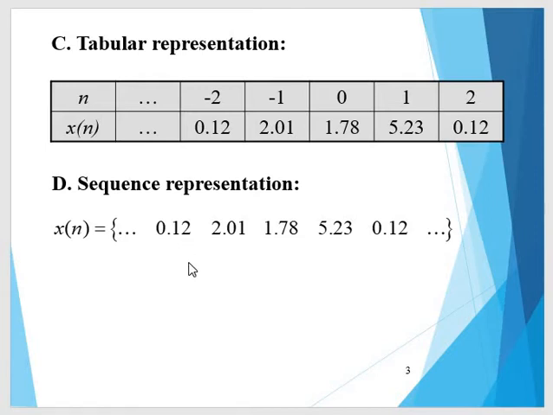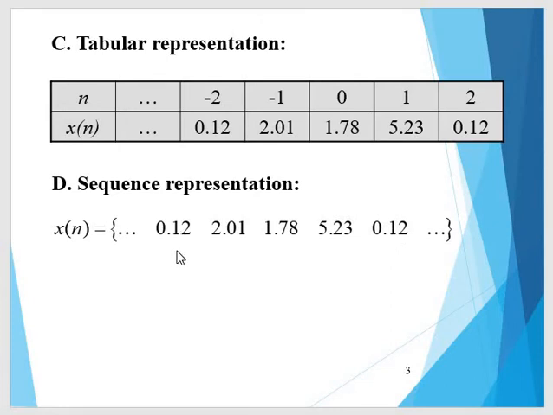Now what is the work of that arrow? What is shown by that arrow? That arrow is nothing but the position of 0. Where n equals 0, the arrow shows that position. If here we place the arrow, that means this value is for n equals 0. And as no time is specified, we have to take one position time spacing.